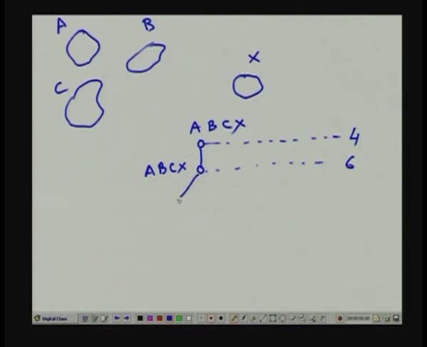Then at the next higher order, suppose at order 8, I find that B is different, but A, C and X are the same. Then if I go for the next order, B will remain different, and here I may find that A and C are similar, and A and X are similar, whereas C is different.